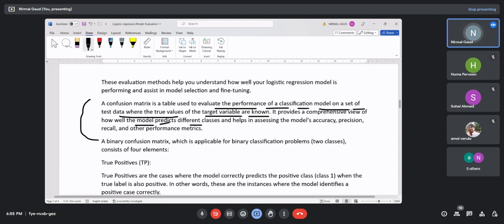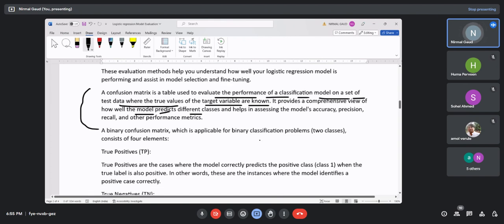How do we prepare the matrix? We make it with TP, true positive, false negative, false positive, true negative.